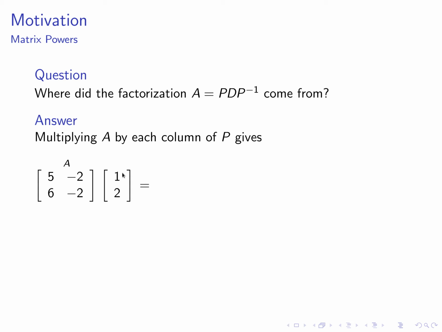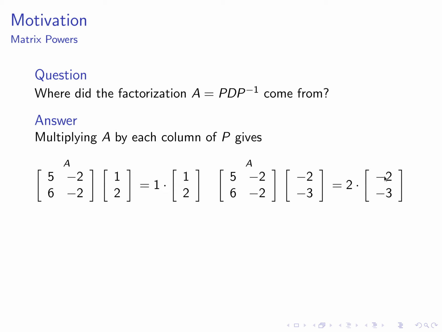And the first column of P was the vector 1, 2. Well, when we take A and multiply by that column vector, we end up with 1 multiplied by 1, 2. When we take our matrix A and multiply by the second column of P, which was the vector -2, -3, we end up producing the vector 2 multiplied by -2, -3.